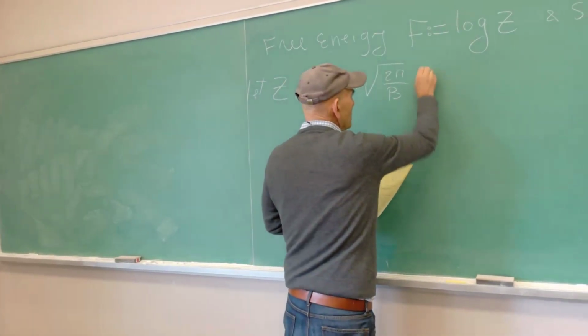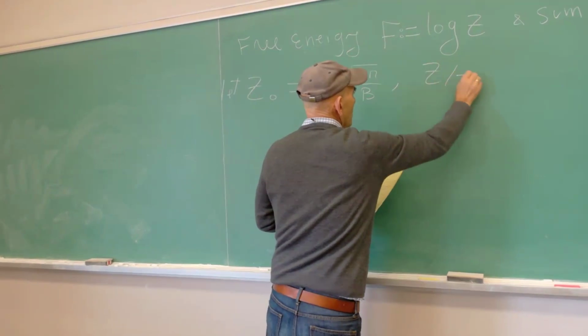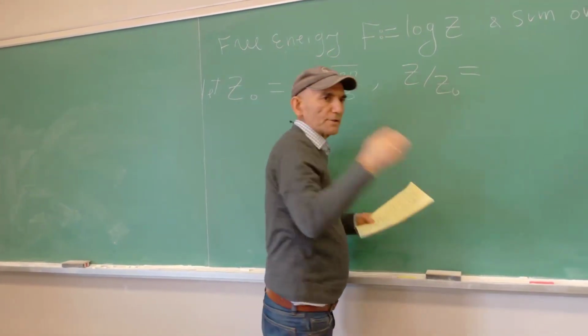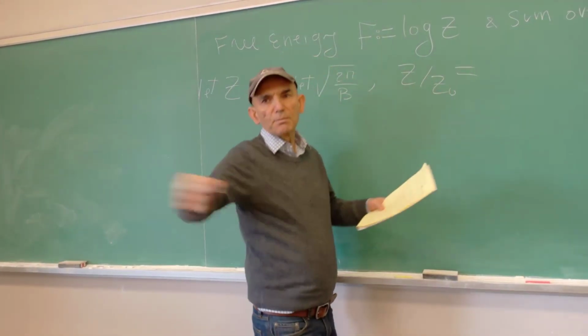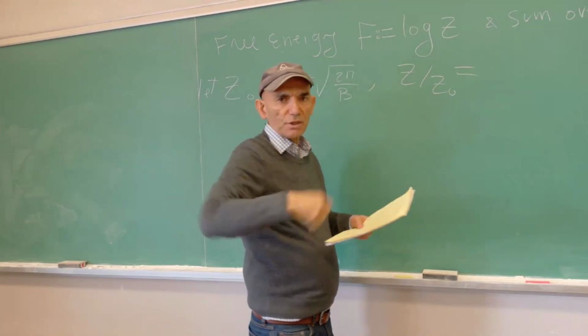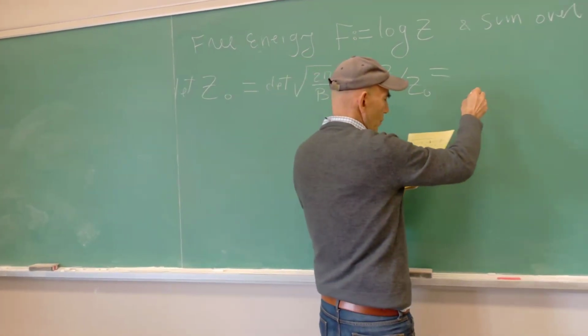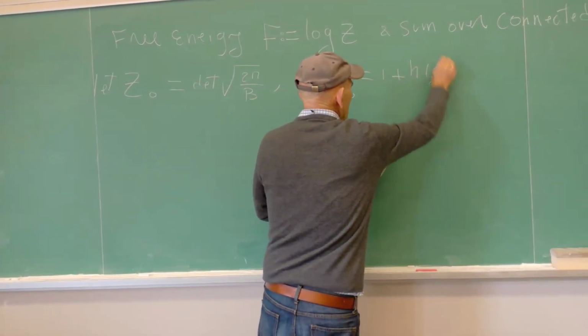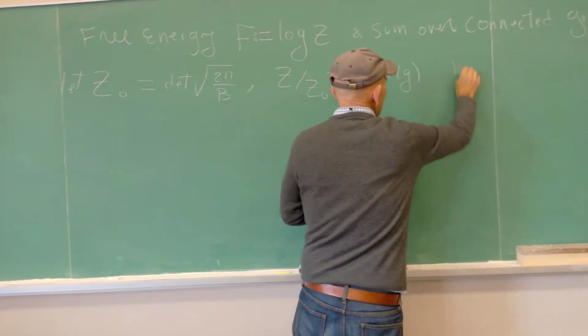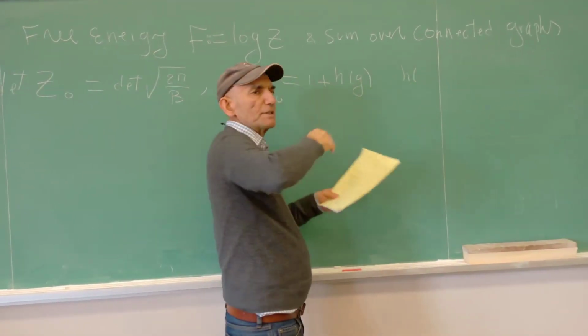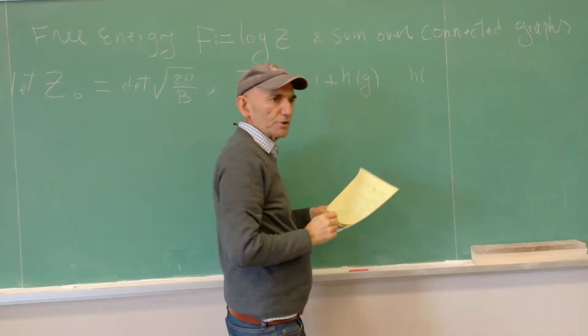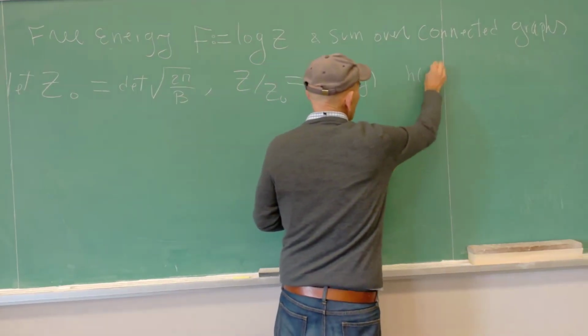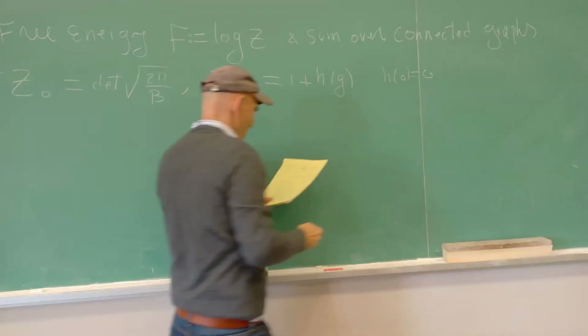Then Z over Z0 starts with constant term 1, and then there is a power series in G, which is 0 at 0. This is 1 plus h of G, a power series in G. I mean, G is G0, G1, G2, up to G infinity, and h of 0 is equal to 0.